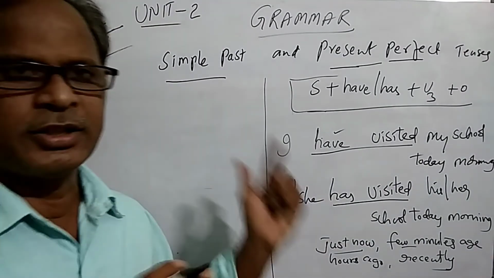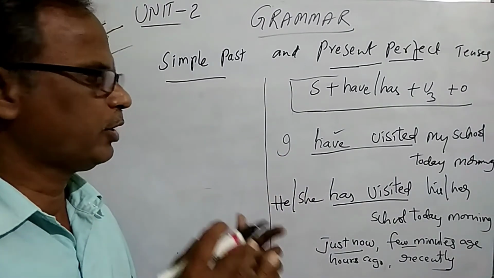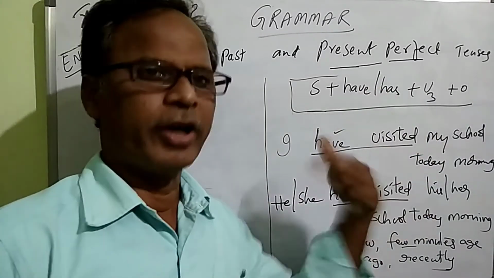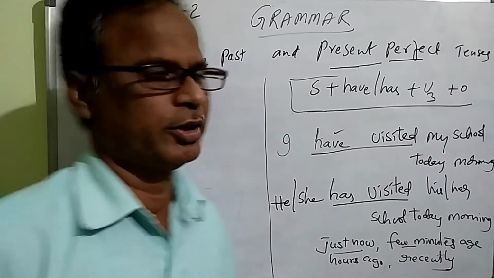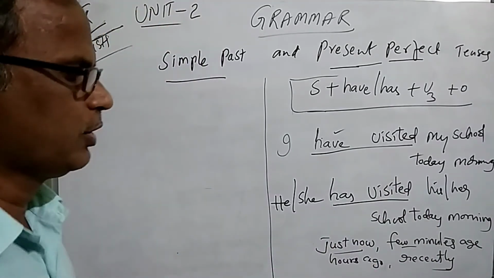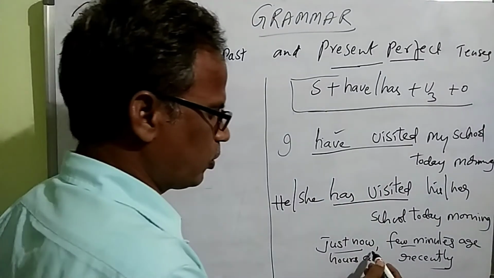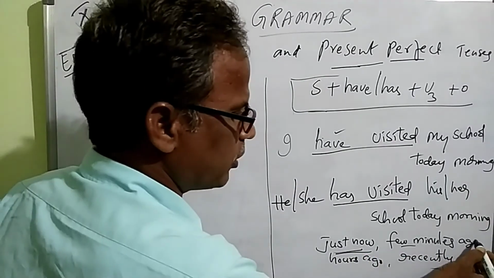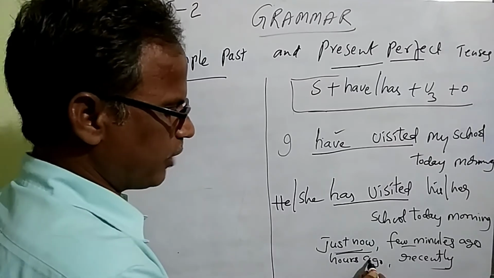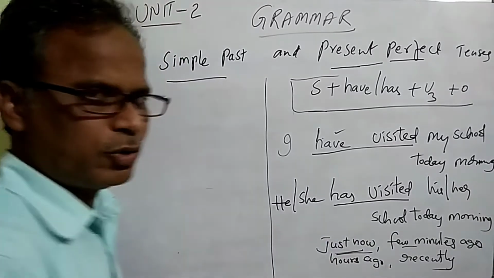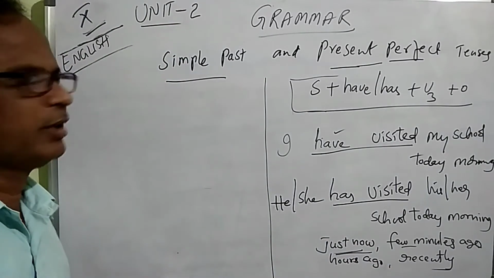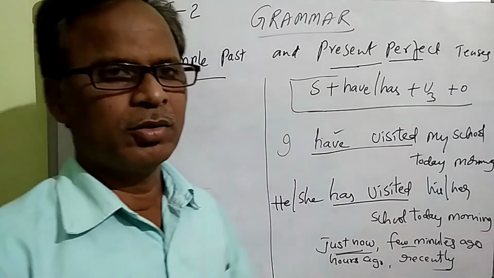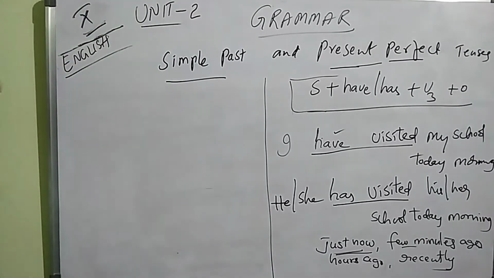To understand that, for example, in fill-in-the-blanks and in competitive examinations, you can find the verb and write the proper form in the editing part, in correction of sentences. You have to know that some clue words will be given, like just now, a few minutes ago, hours ago, recently, today. Then we have to use the present perfect tense. Is it clear?